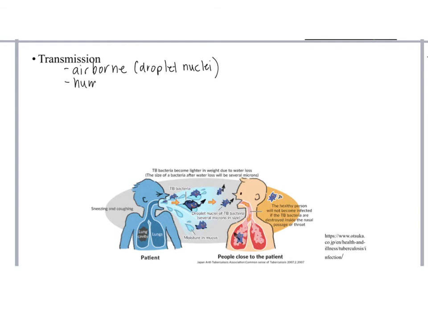Remember, humans are the only reservoir, so this is not a zoonotic infection. There are some predisposing factors. Somebody is more likely to actually get sick with tuberculosis if they are also infected with HIV. We had a big spike in TB cases in the 1980s due to HIV.